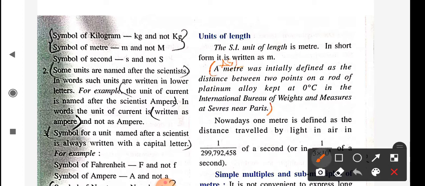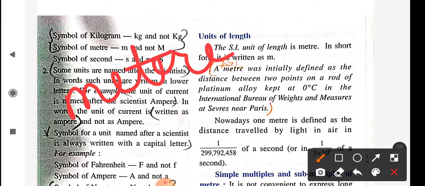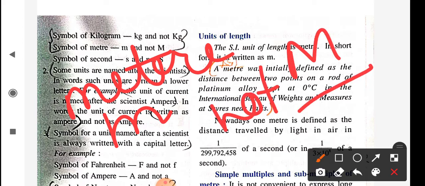Same with meter: the full form is meter, and the symbol we write is small m, not capital M.